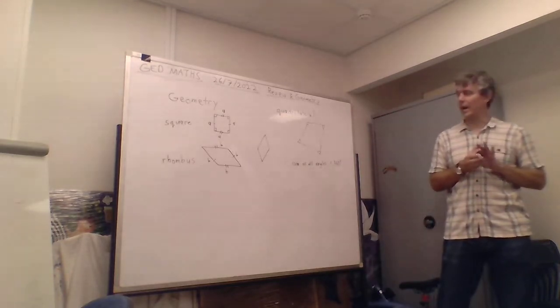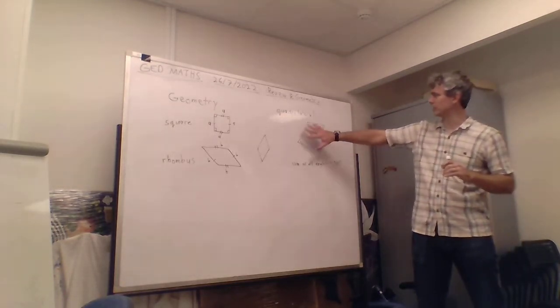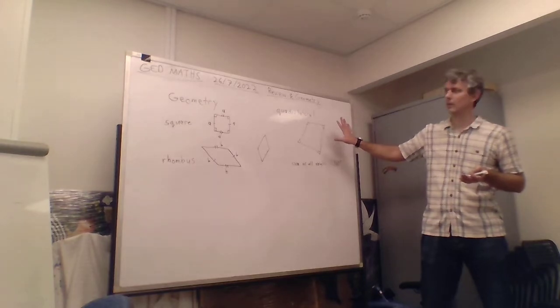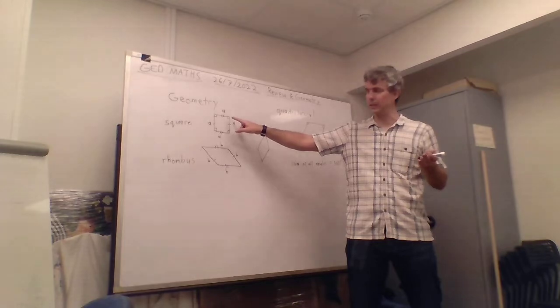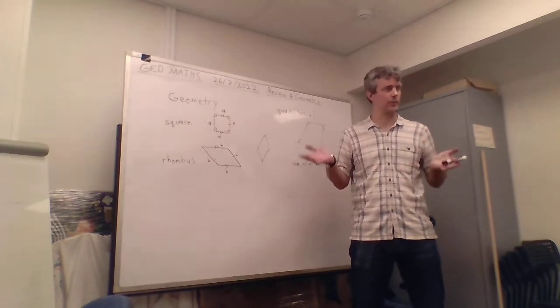For any quadrilateral. So even this one, which has no special shape to it, altogether that equals 360. So this one's 90 plus 90 is 180, plus 90 is 270, plus 90 is 360.